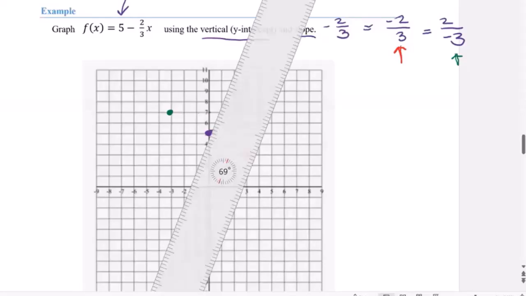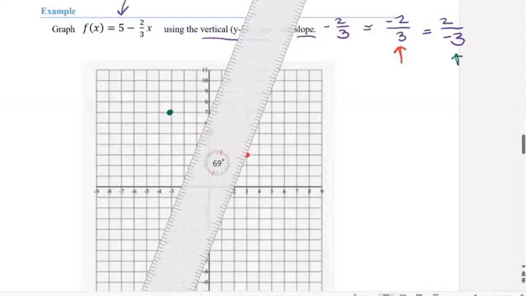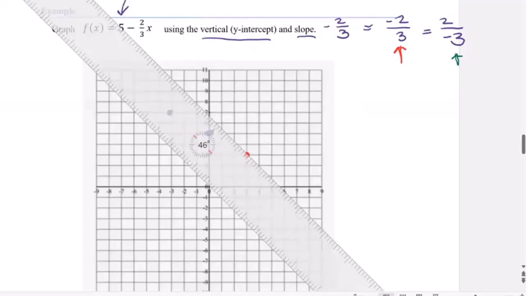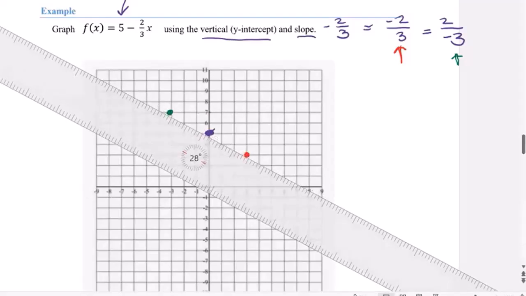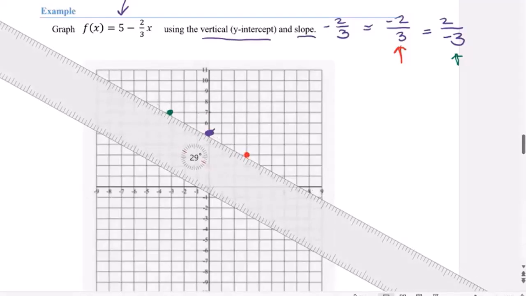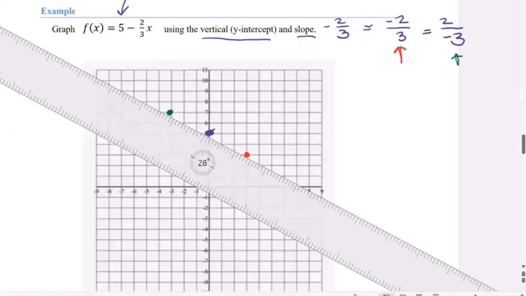If I take my ruler, these 3 points should all lie on the same line. And they do. So let's draw a line through all of them. And let me make this a little thicker. So here's my line.